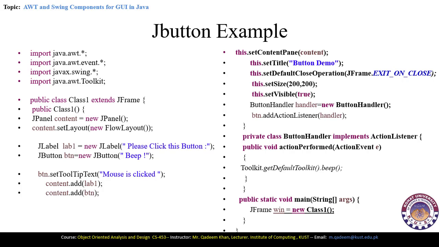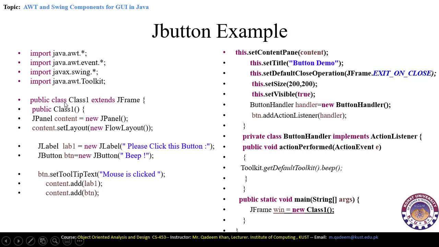The toolkit in fact is used to set functions like here. You can see that here we will define some important functions like Toolkit.getDefaultToolkit. So these functions are implemented in this package. Now what this function does, we will explain it.